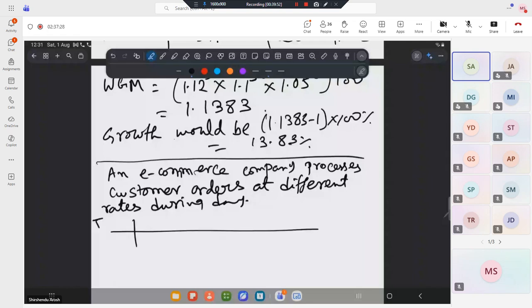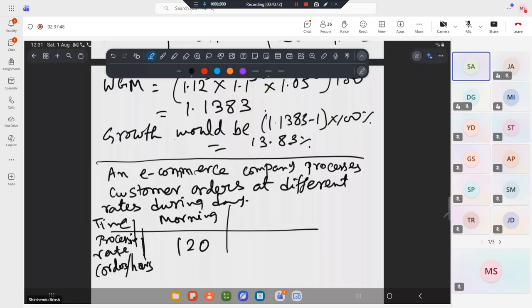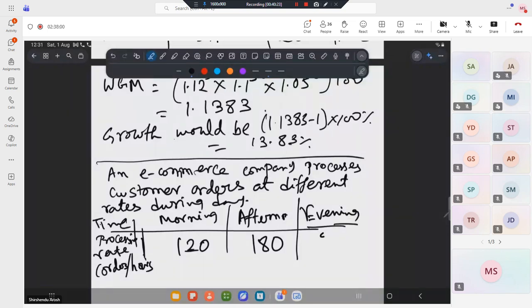So time period and the processing rate, that is, say, orders per hour. That's how they find out. So for the morning section, the rate is 120. Afternoon section, it is 180, and the evening section, it is 90.